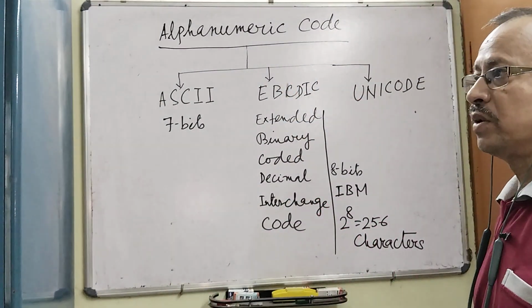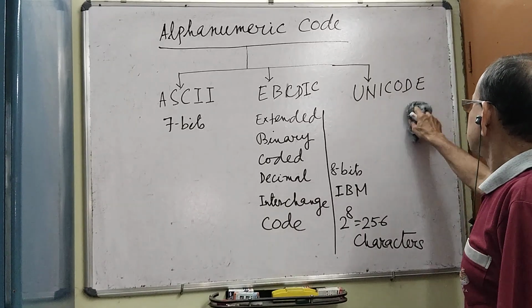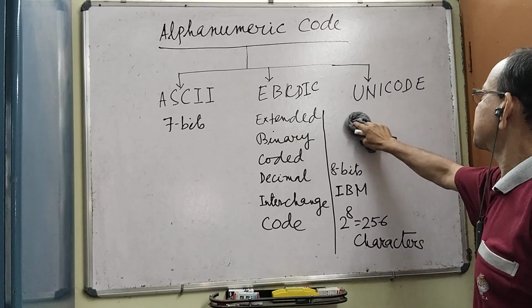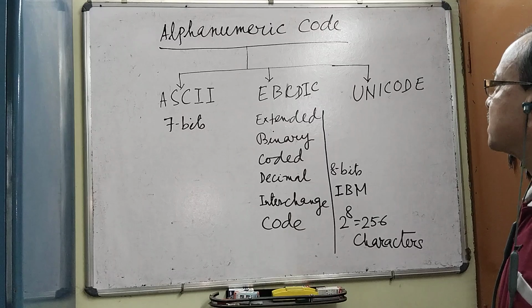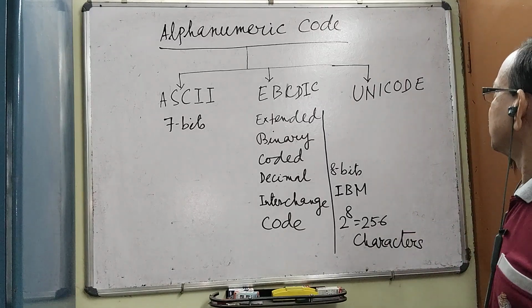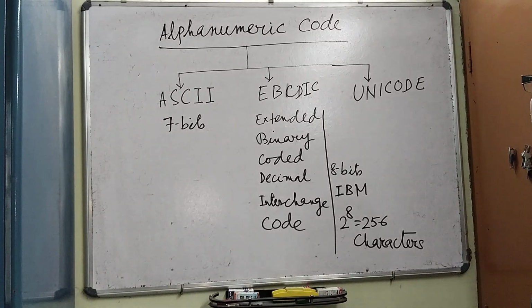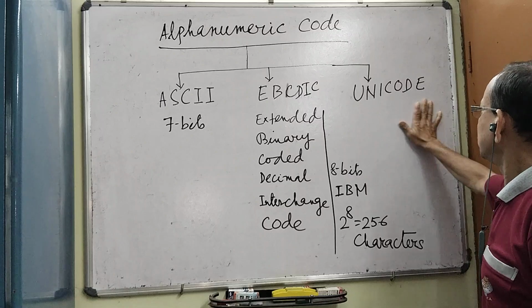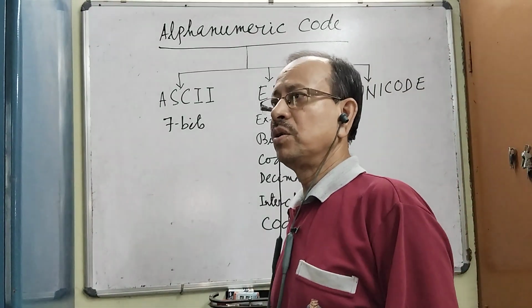So there is a confusion. How we can represent? There is no uniformity. For this purpose, the Unicode developed in 1991 by the International Unicode Consortium.